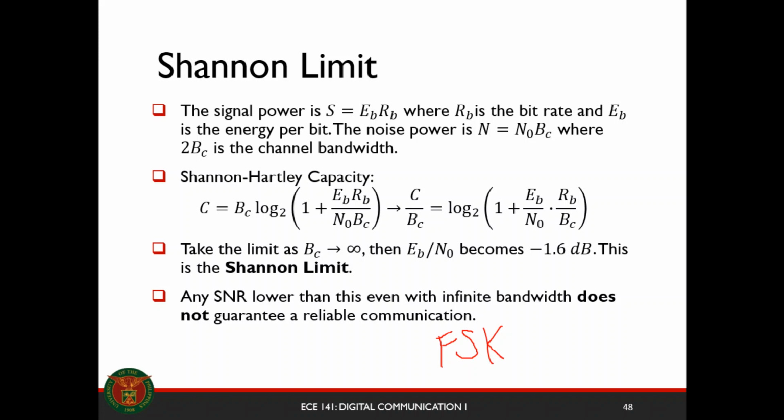Remember the case when we had infinite dimensions, your bit rate becomes a step function at negative 1.6 decibels. Anything greater than negative 1.6 decibels, you have a reliable communication system. Anything less than that, you'll always have a bit error. So this is another confirmation that Shannon's theory is actually true.